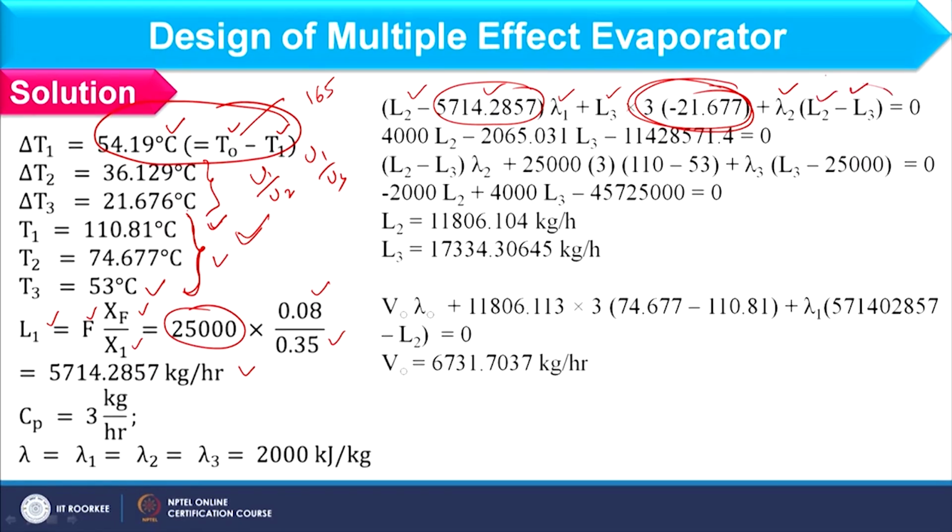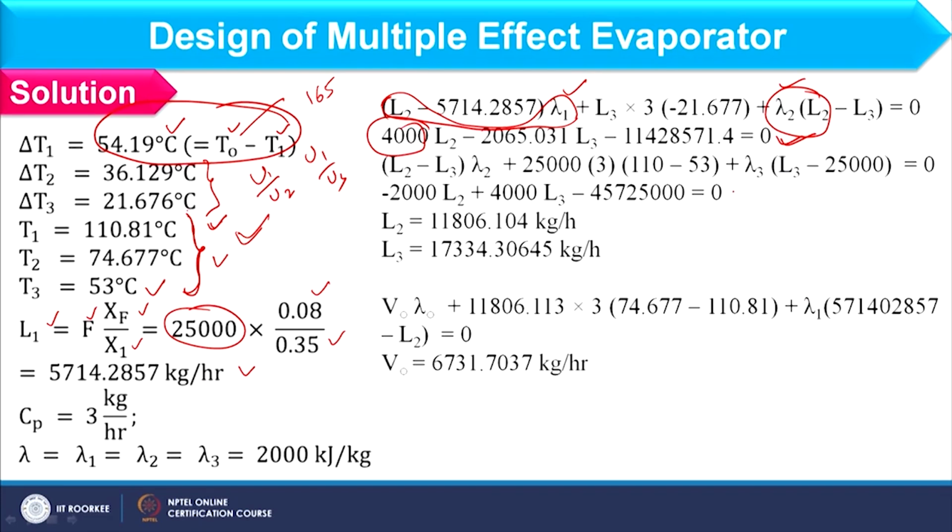When you resolve this equation, you can find the equation as 4000 L2, because here you are considering lambda 2 L2, and here we are having lambda 1 and L2. Lambda 1 and lambda 2 values are equal, so they are simply added, and that gives 4000 L2. Similarly, you can find out the other term. In this way you can find out the equation of the second effect.